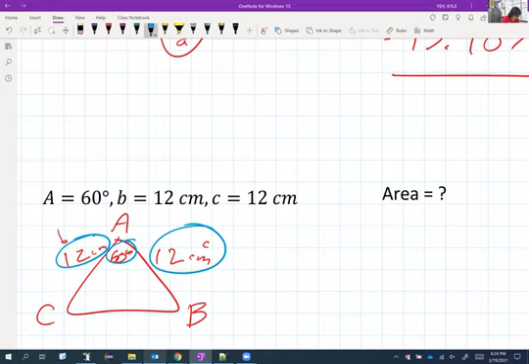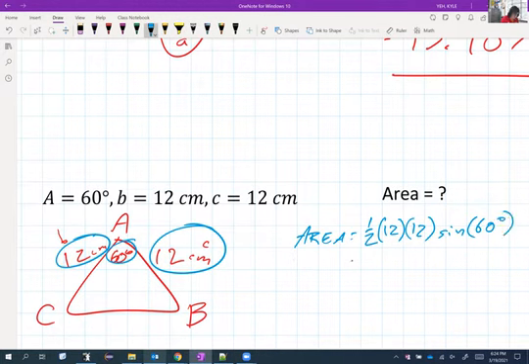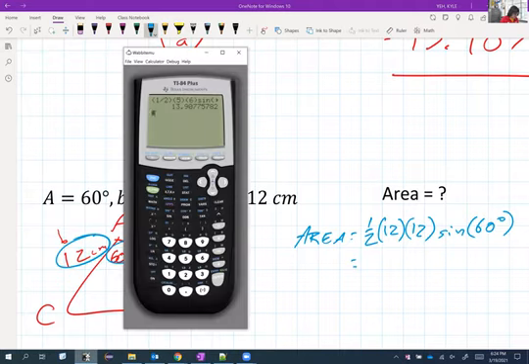I'm gonna say that area equals 1/2 B C times sine of A. Come over to my calculator. 1/2 B C sine of A. Oops, 60 degrees.